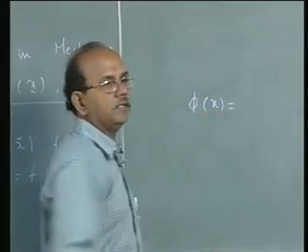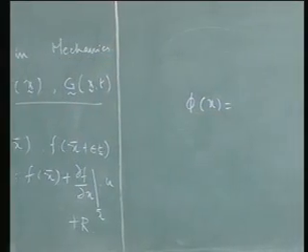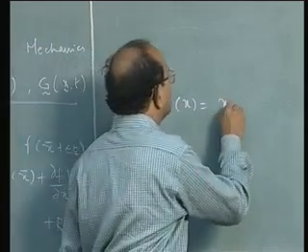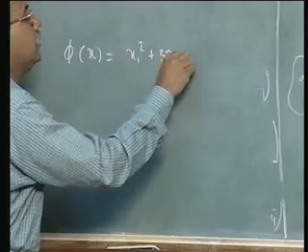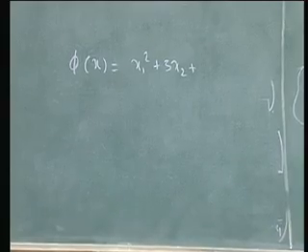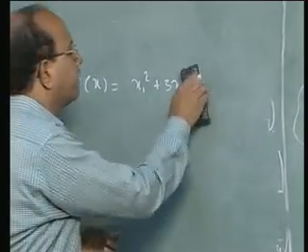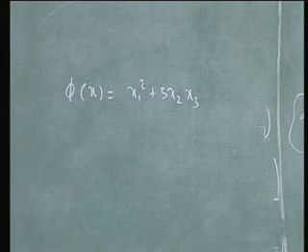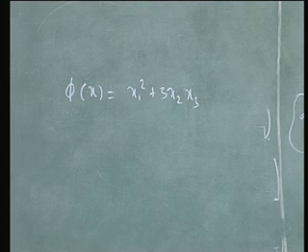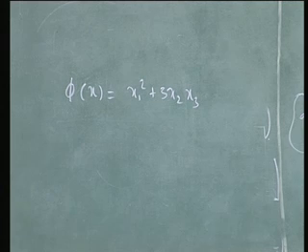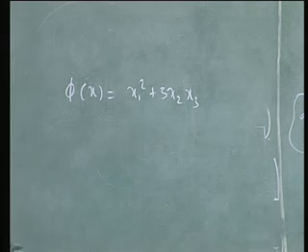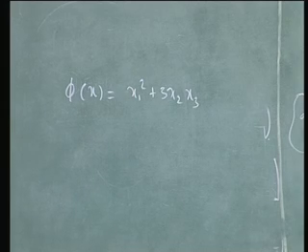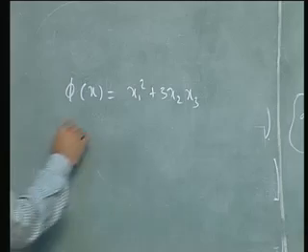Assume a scalar field to be defined by phi equal to x1 squared plus 3 x2 x3. Let it describe some physical quantity in space. Compute the directional derivative of this quantity phi along the direction u.